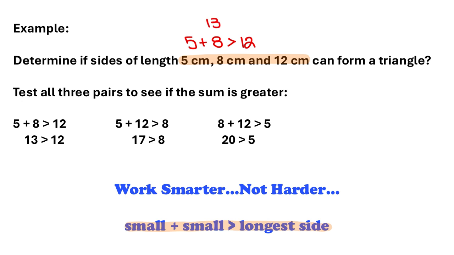So we have 13 is greater than 12. Is that true? Yes. So these 3 lengths can form a triangle. Notice it cannot be equal to, and it can't be less. It absolutely has to be greater so that we can get that point on top of our triangle.